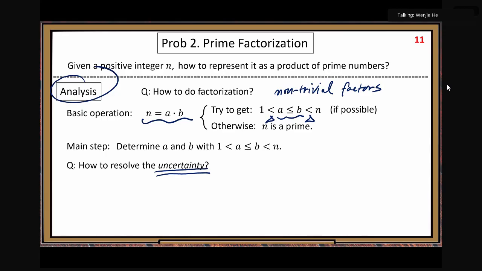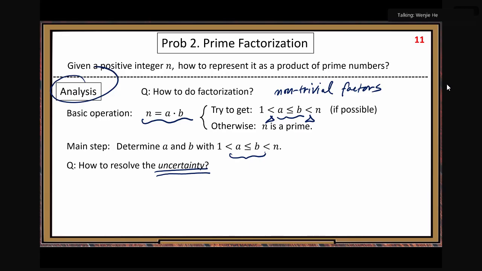Here, uncertainty. In this range, there are so many different possibilities. That's uncertainty, right? Too many cases. You need to consider all those cases. So many times, if you cannot reduce the uncertainty, then it's hard.